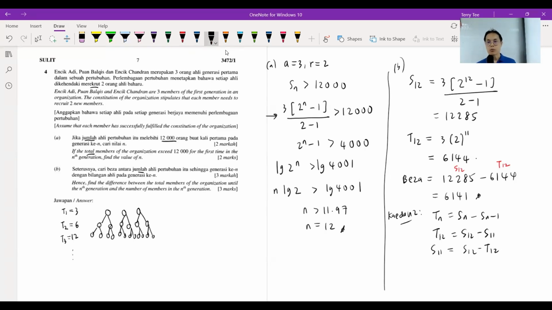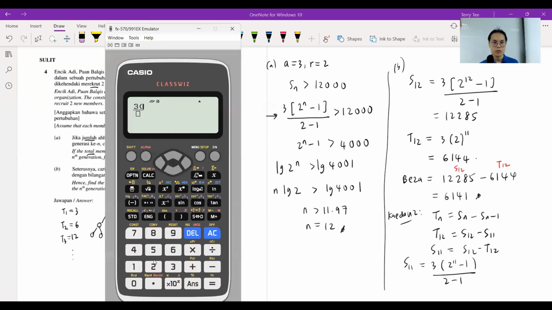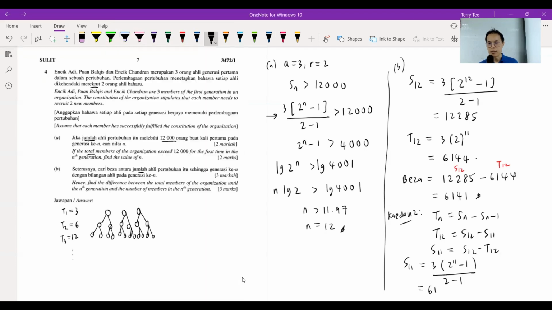So basically what we are finding is S11. Yeah, so it's rather easy. We just use S11, which is 3(2 power 11 minus 1) over 2 minus 1. Okay, let me just show you here. 3, 2 power 11 minus 1, divide by 2 minus 1, which is just 1. You will get the same answer, 6141. Yeah, so it's a lot easier if you use the second method.